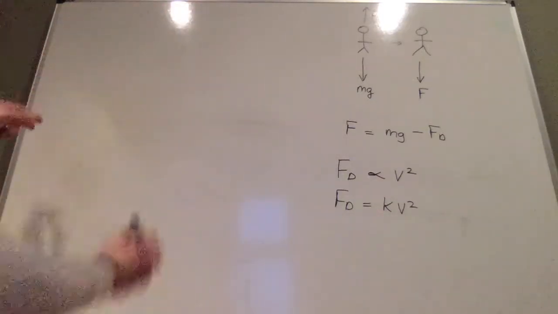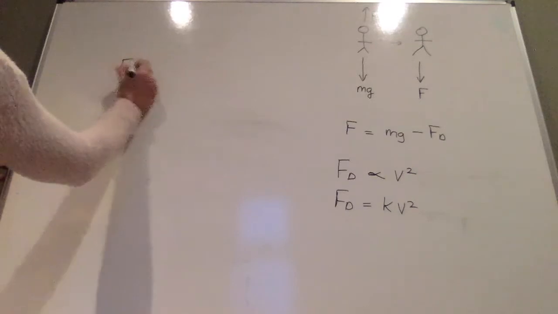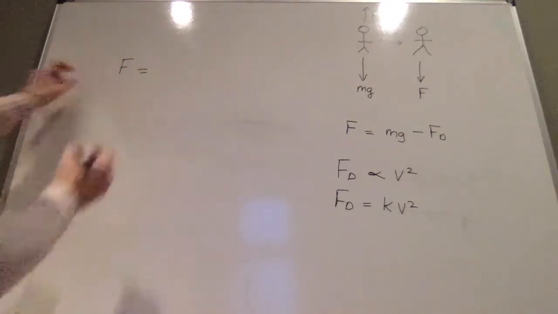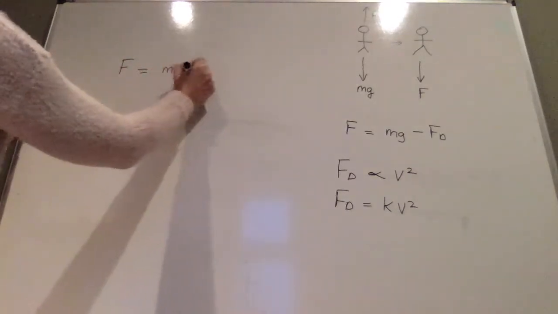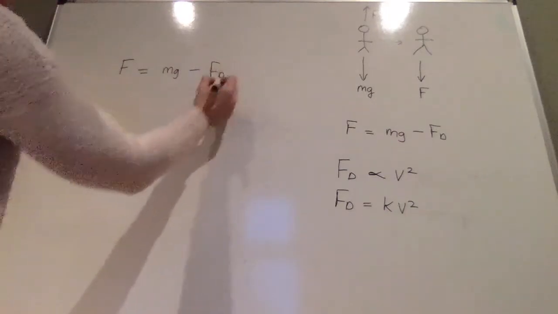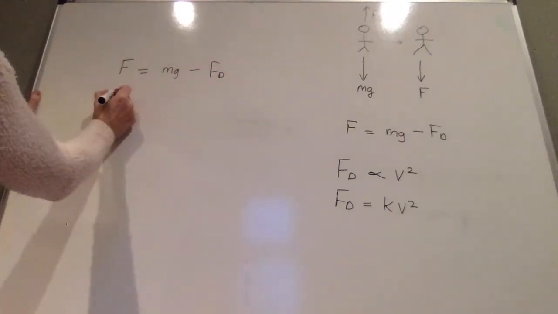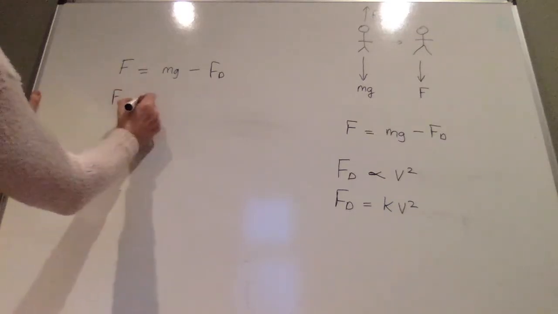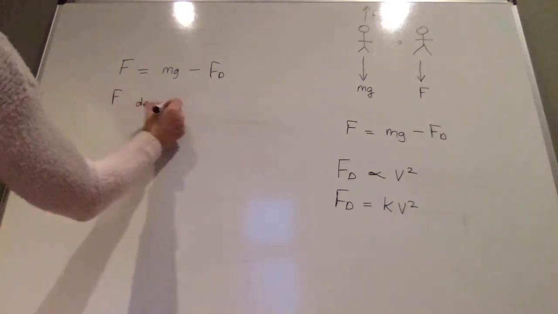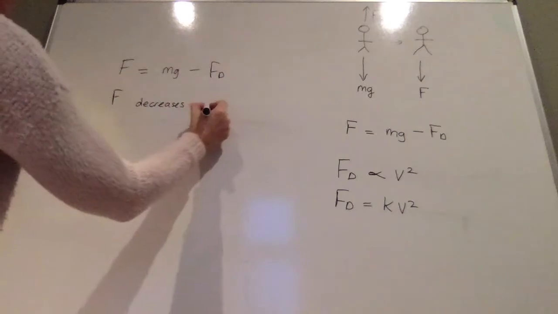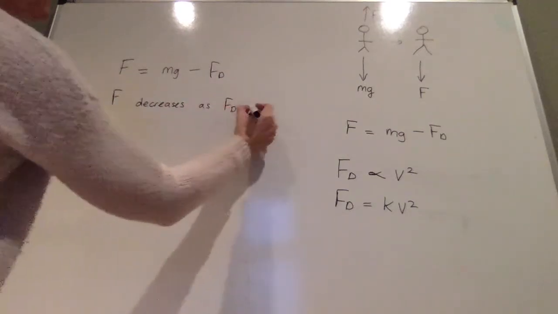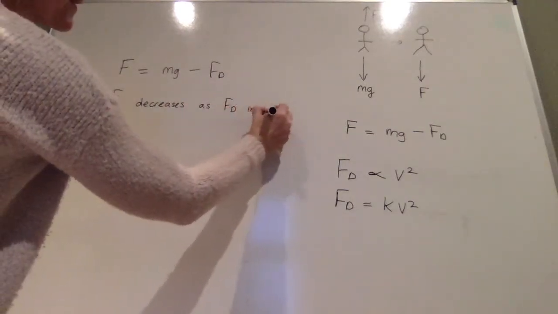What does that mean? Well, the overall force on the body is mg minus Fd. So if the Fd gets bigger, that means the overall downward force on the body decreases as Fd increases.